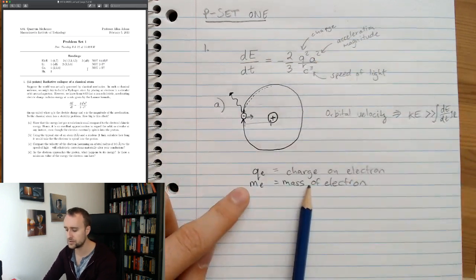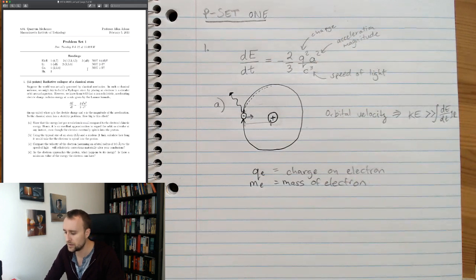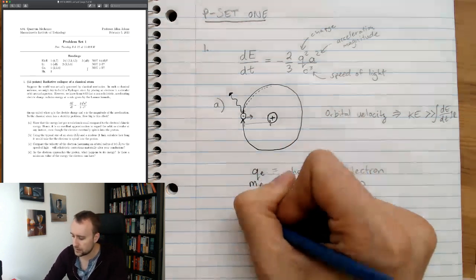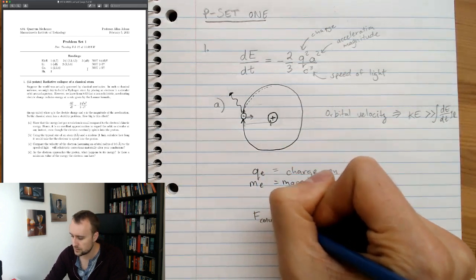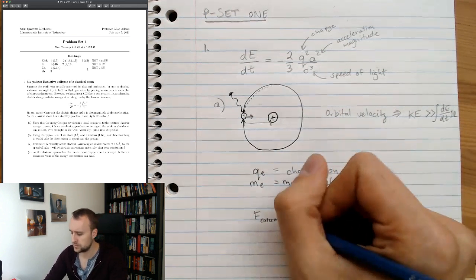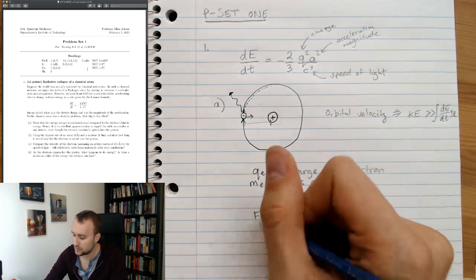I think the mass of the electron is also going to cancel out because the force is acting on the mass, but we're looking at the acceleration here. So, if I remember correctly, the Coulomb force, if I can spell Coulomb right.